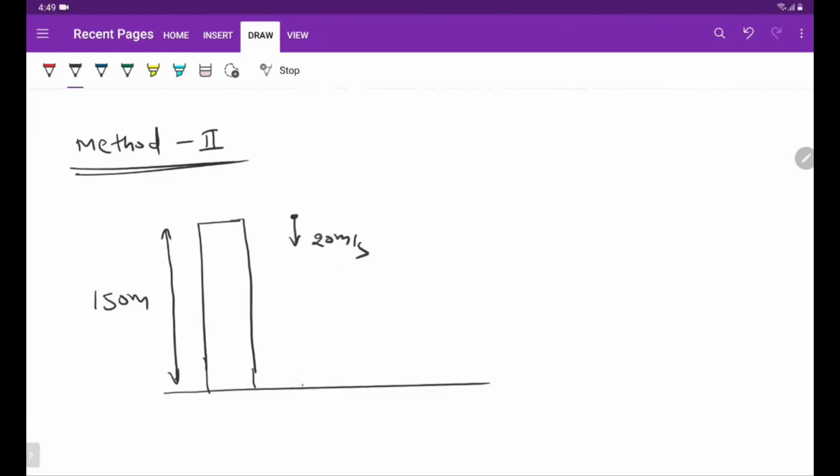Ball B is going up with speed 30 meters per second. So both are along the same line. Both will meet somewhere here. They will collide after time t. Initially time t is 0 for this ball and for this ball. Both started at the same time. Now gravity is acting on both balls in the vertically downward direction.